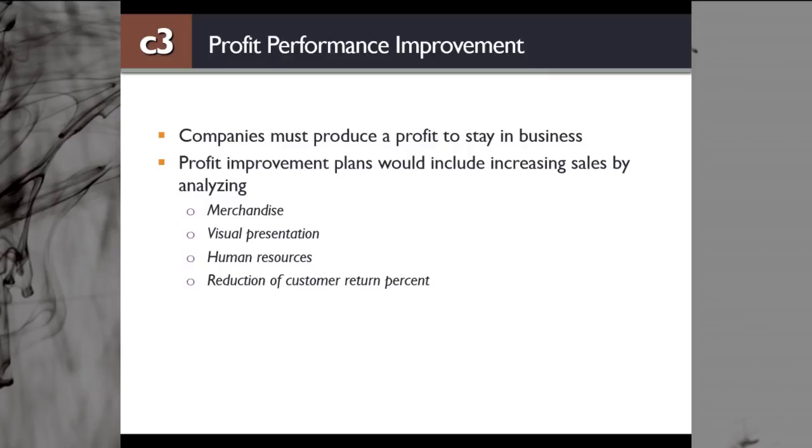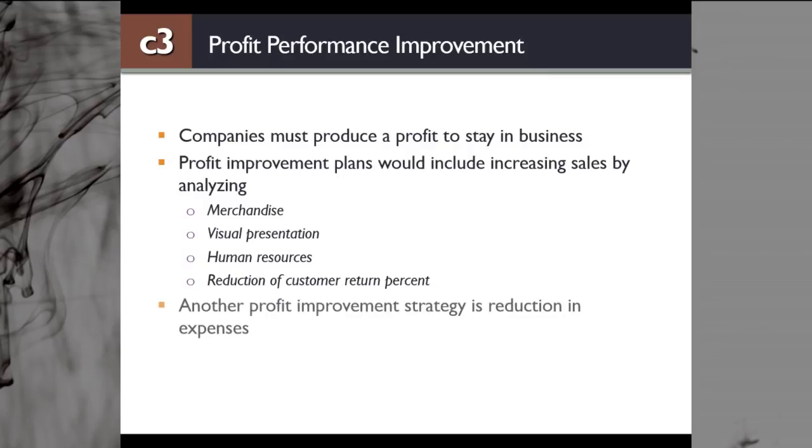Human resources will be related to your profit performance and how well they do at selling, and reductions of customer return percent. Of course, that will influence your profit performance. You want to have low, right? It's better not to have any, but if that happens, it's better to have a low customer return percent.